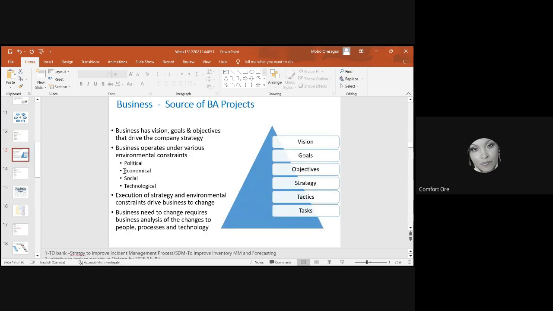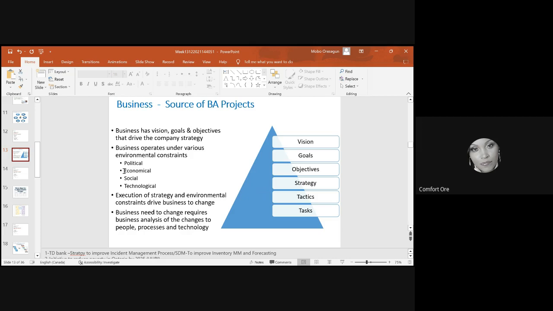All right, so the source of the project will be from the vision of the organization. It will be from the goals of the organization. It will be the objectives of the organization, the strategy, the tactics, and the tasks.